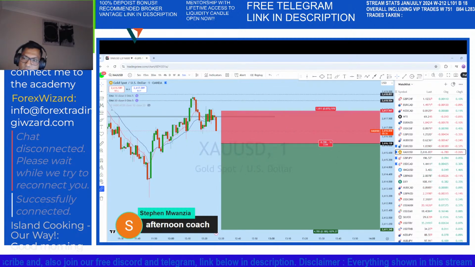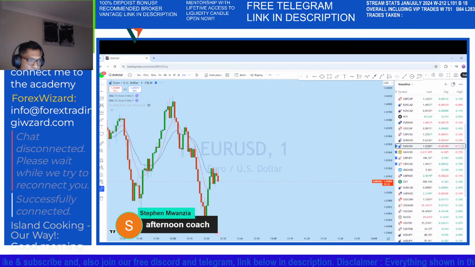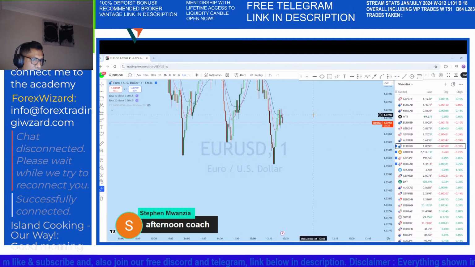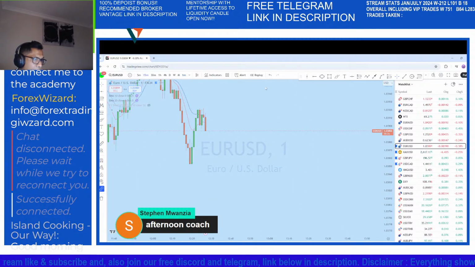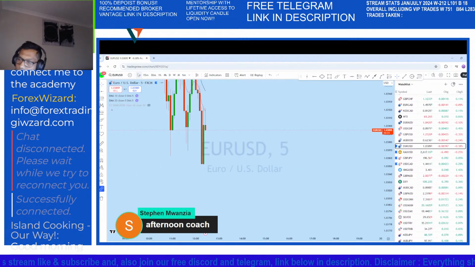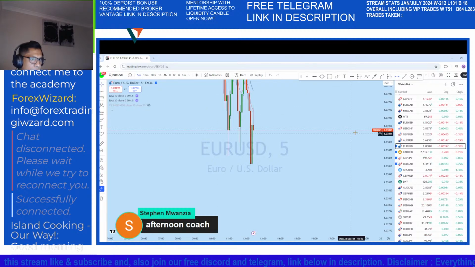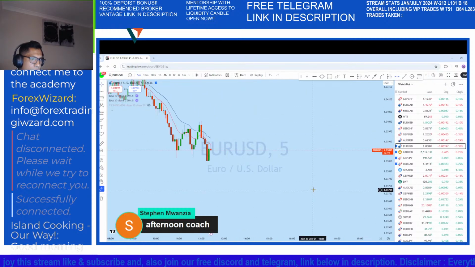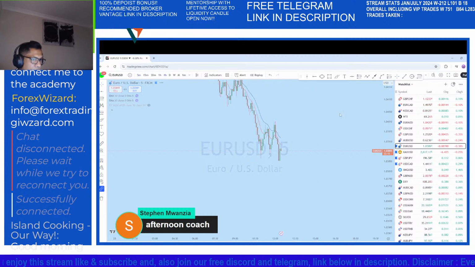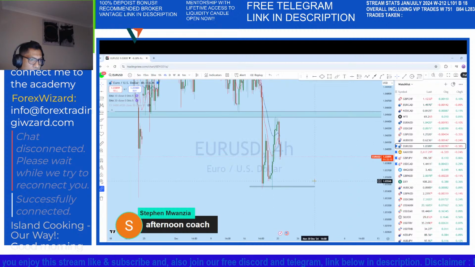The entry is still remaining the same place, in the same way that euro dollar also showing some downward pressure in that area. Some running trade on euro dollar.